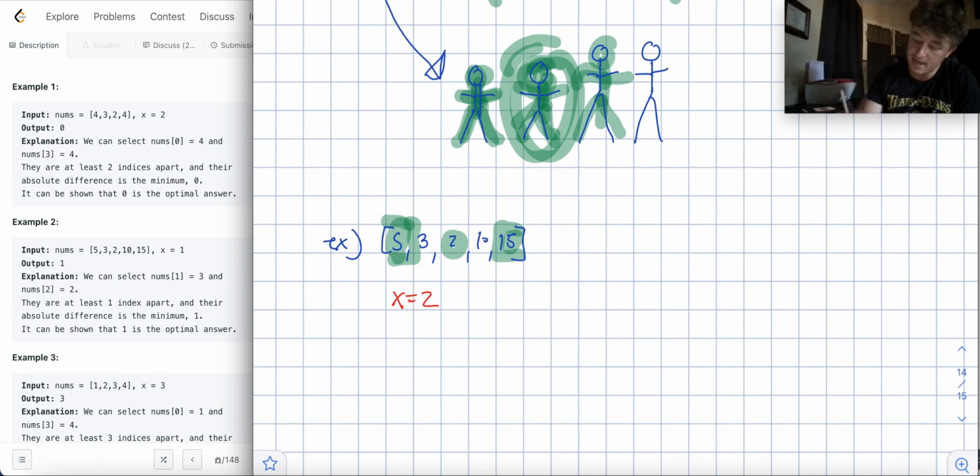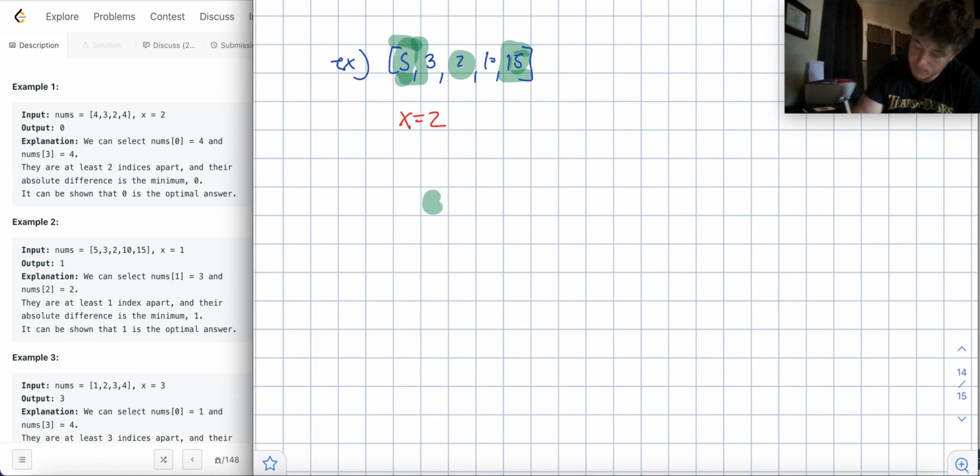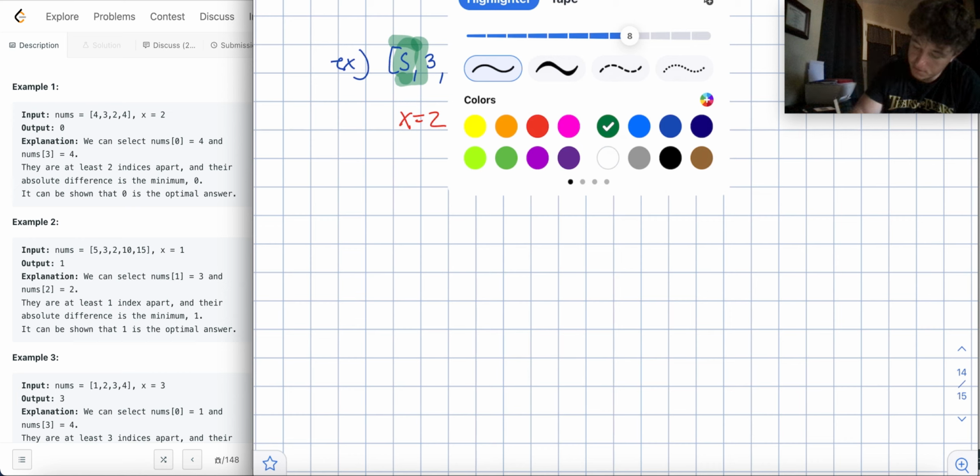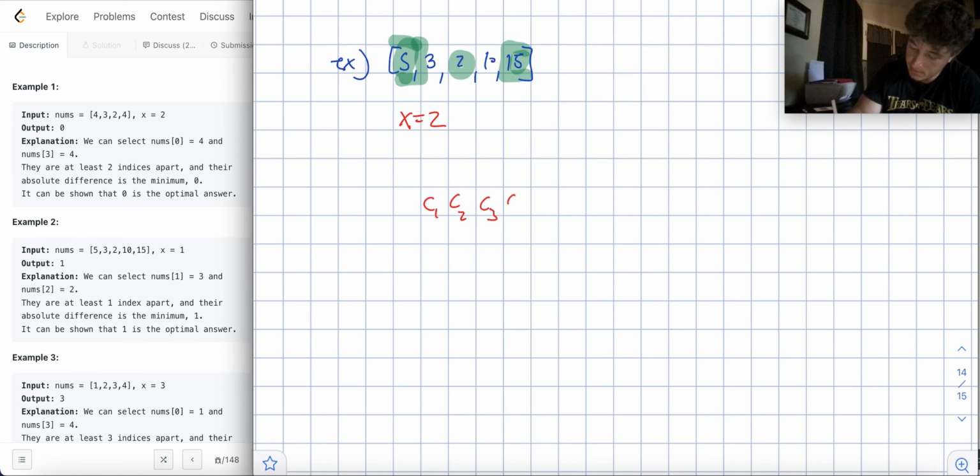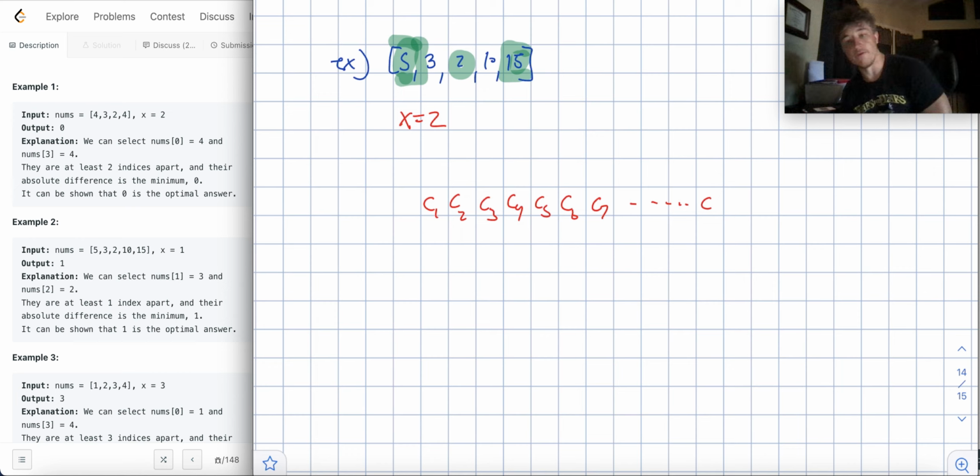So let's just say generally we have C1, C2, C3, C4, C5, C6, C7, C10, C11, and x. Now, for this example, let's say x equals 3.